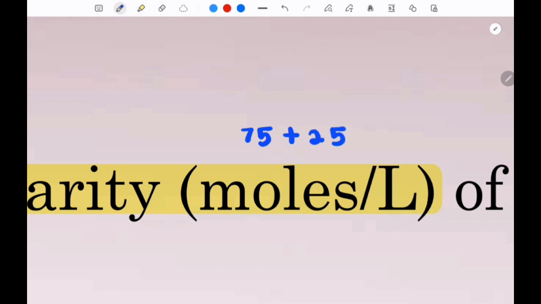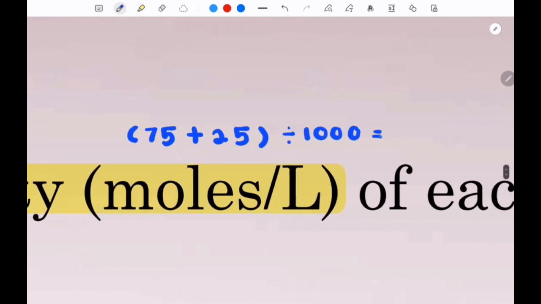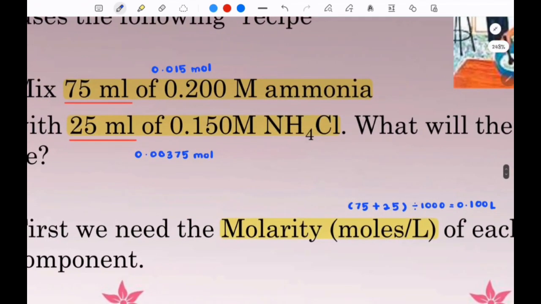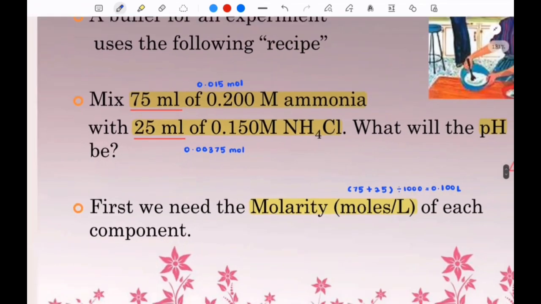However, we need to remember that it needs to be in liters, so divide it by 1000. When calculated, this will give us the value of 0.100 liter.